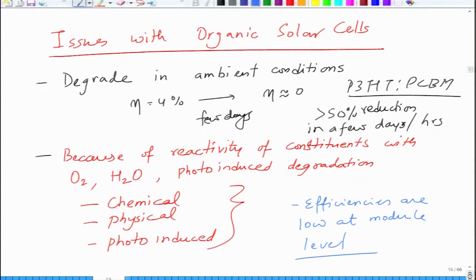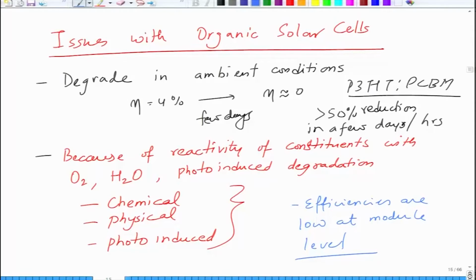However, a lot of efforts are on to improve the degradation characteristics by developing better materials, by making better encapsulants which can prevent the diffusion of moisture and oxygen into the devices. So, work is still on to improve these devices. So, this is still a technology which is pretty much extensively being researched, and it is quite promising for future.